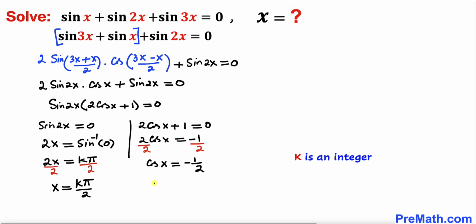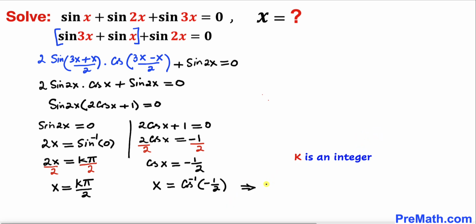Therefore x is cosine inverse of negative 1 over 2, which is 2 pi divided by 3 plus 2k pi. Once again, k is an integer.